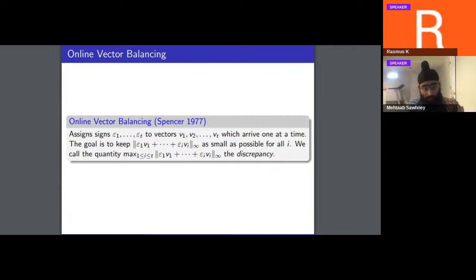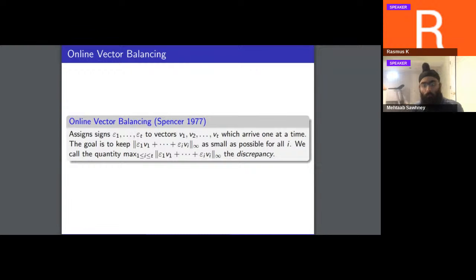Both of the previous problems we were considering were offline, while the problem we'll be considering is online. You're given vectors v1 through vt one at a time. First you're presented with the vector v1, then you give it a sign epsilon_1, then you're given a vector v2, you assign a sign epsilon_2, and you continue going on. The goal here is to keep the infinity norm of any partial sum of vectors as small as possible.